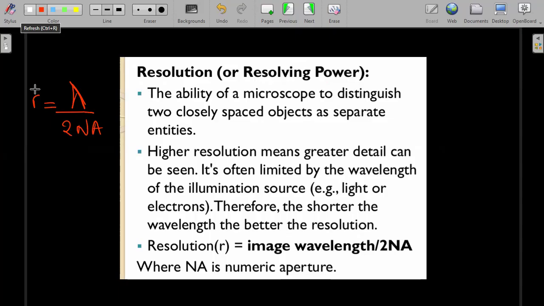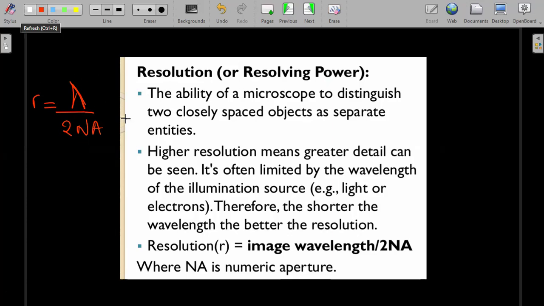So what does resolution mean? Resolution is simply the ability of a microscope to distinguish two closely spaced objects as separate entities, isn't it? That's what resolution is.